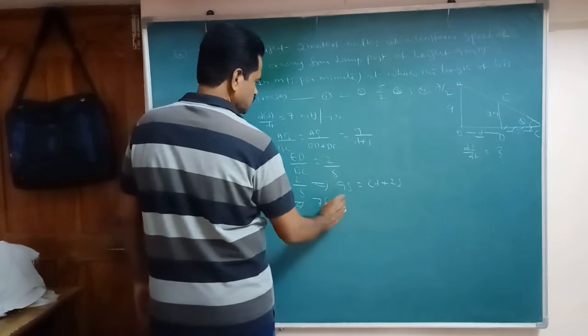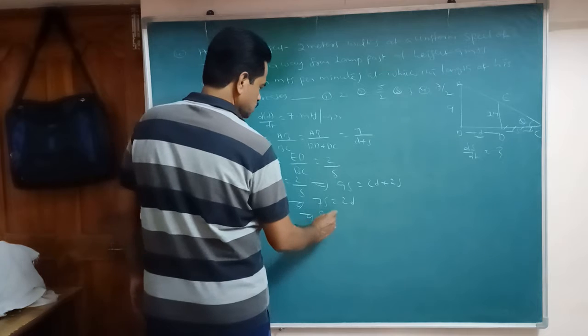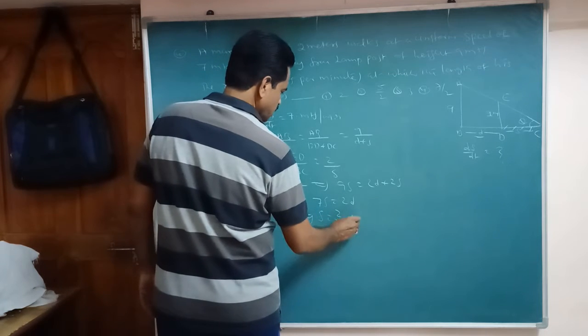So 7S equal to 2D, then S equal to 2 by 7 D.